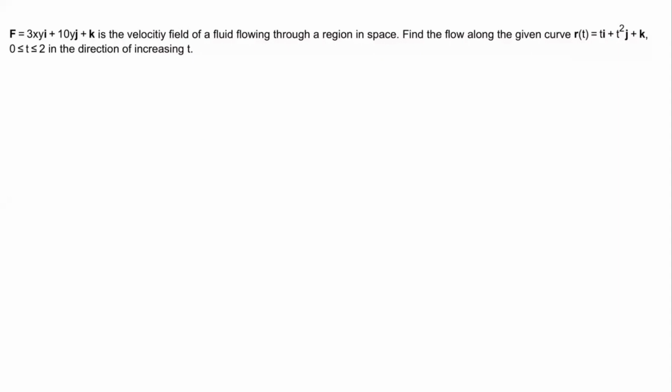So let's suppose F is a field given by this. It is a velocity field of a fluid flowing through a region in space. We want to find the flow along the curve R of t, which is given as that, as t increases from 0 to 2.